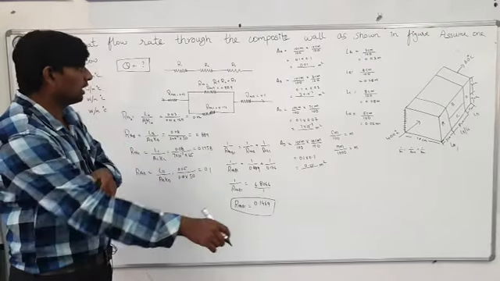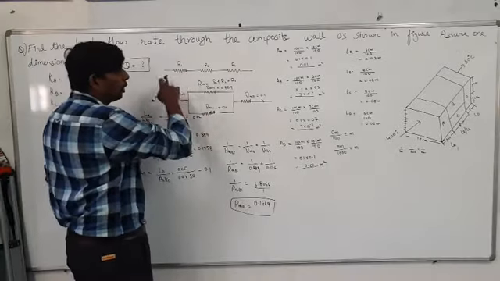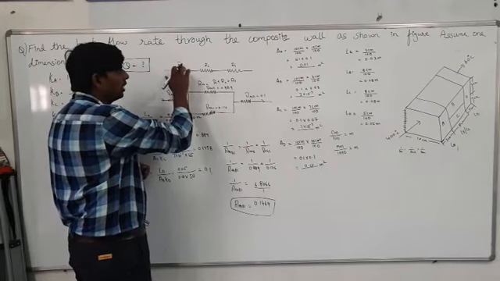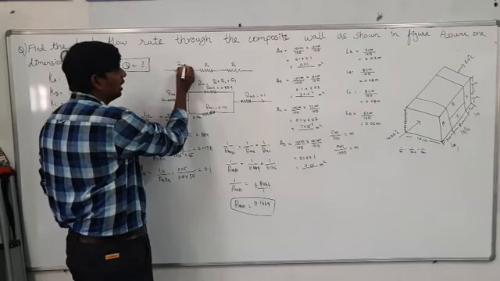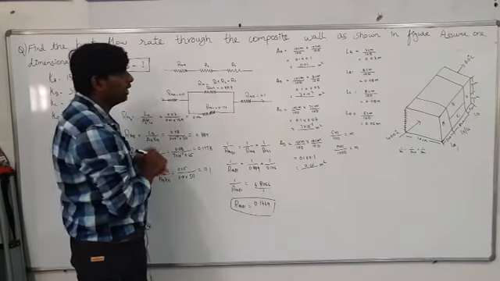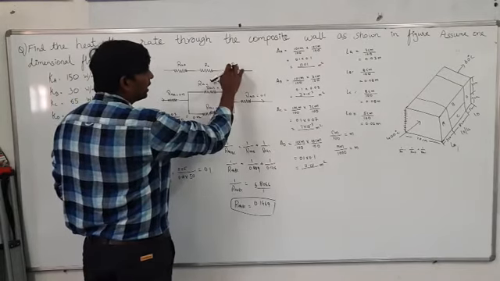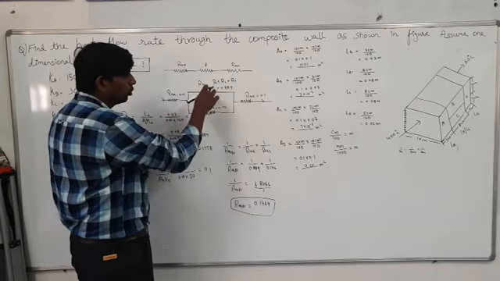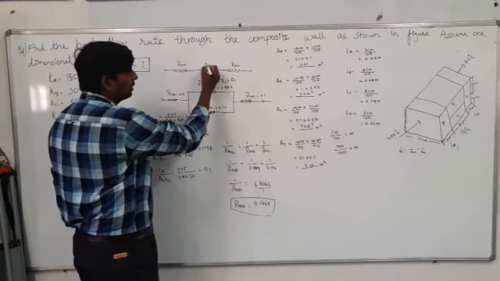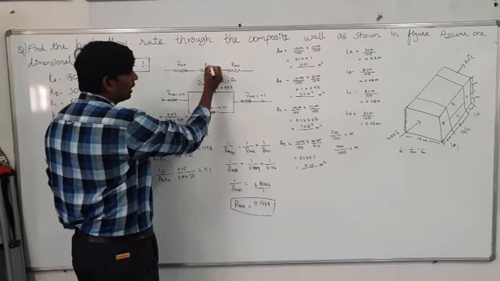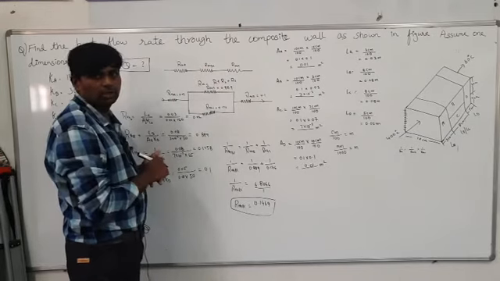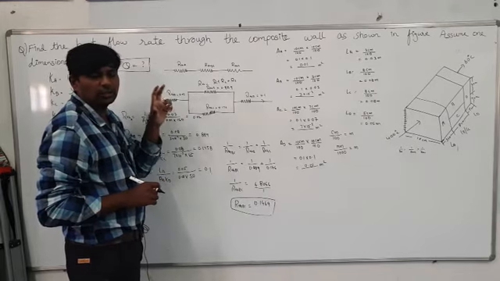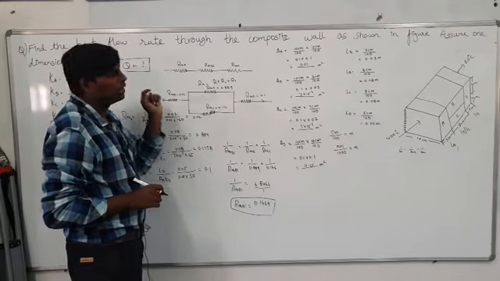After that you have to draw the diagram. I already drew the diagram in series because I want to convert into series. So here I will write RTHA, and here I will write RTHD, and in place of these two, RTHB and RTHC, I will write RTHBC. Now you have converted this parallel connection into a series connection.